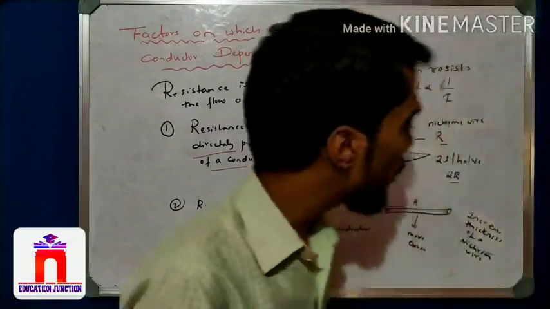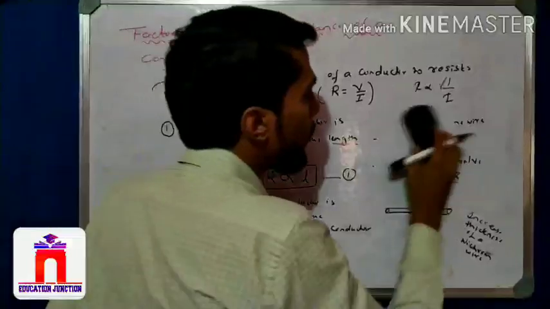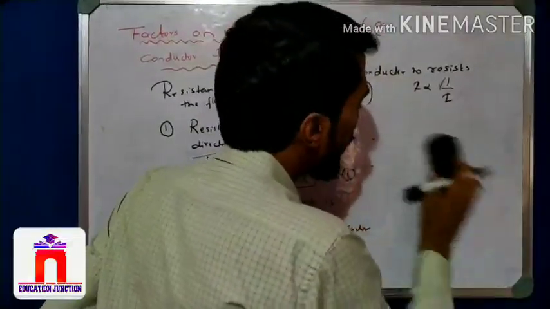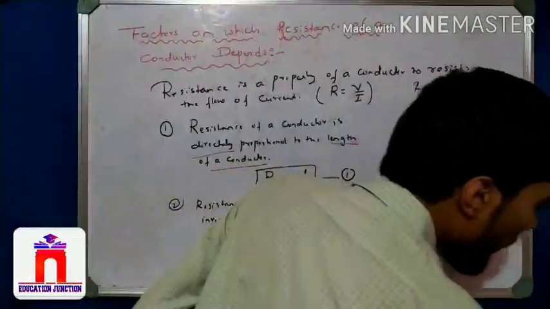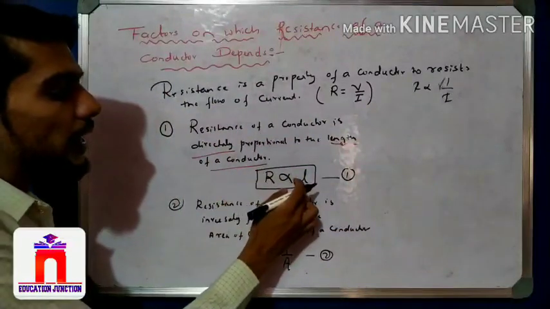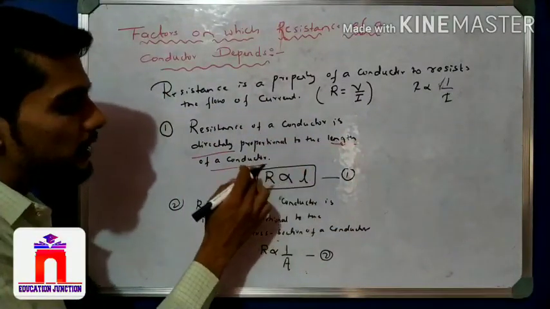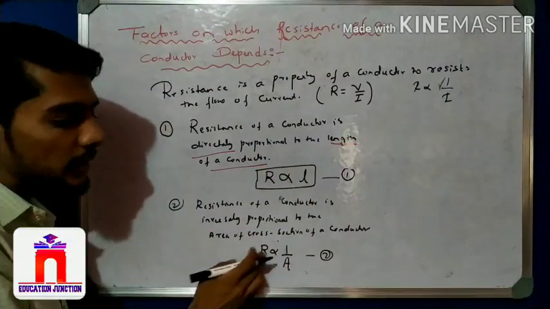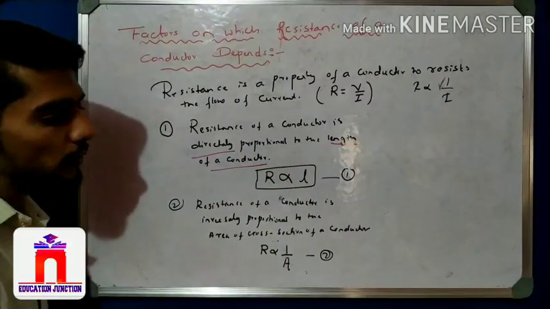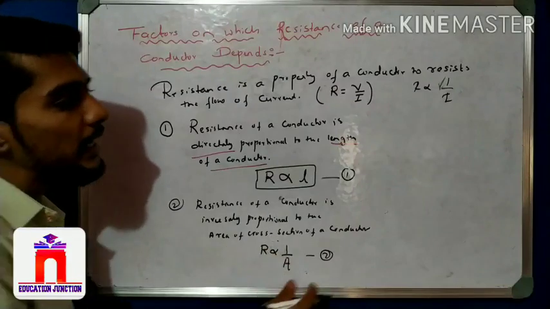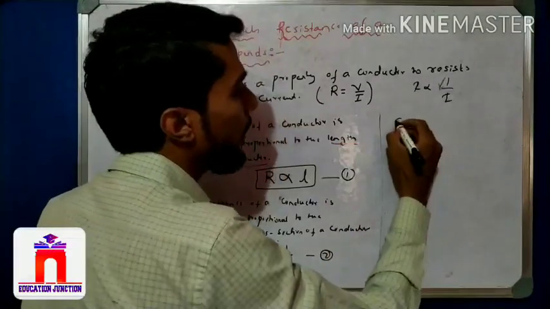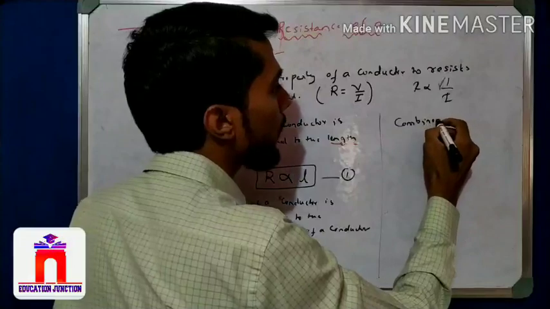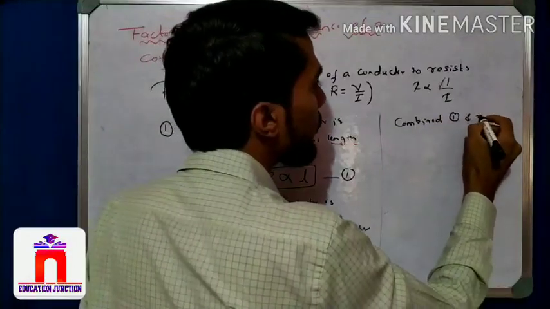Now we get two equations. Resistance of the conductor depends on length, directly proportional, and the resistance of the conductor is inversely proportional to the area of cross section of the conductor. Now combine equations 1 and 2, students.